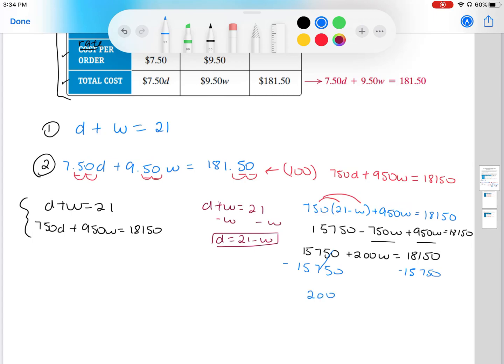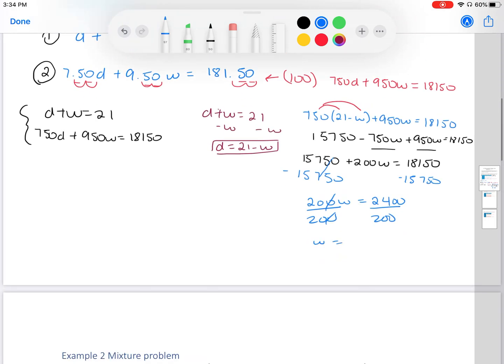You get 200W, and 18150 minus 15750 you get 2,400. And yeah, I'm using a calculator. Always have your calculator handy. So we have W is equal to 2,400 divided by 200. We get 12.